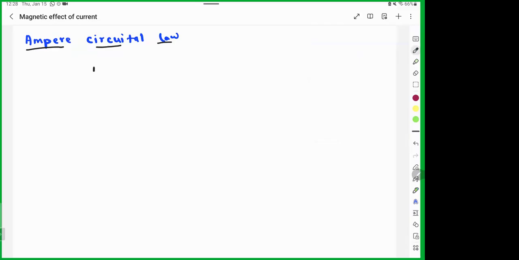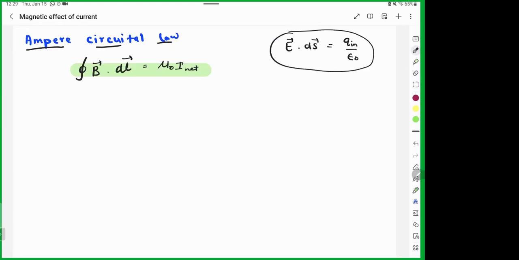We say that the magnetic field associated with a given length, the total integration, will be equal to mu naught I net inside. It is comparable with your Gauss law: the integral of E dot ds is equal to the charge inside by epsilon naught. It is almost like that.